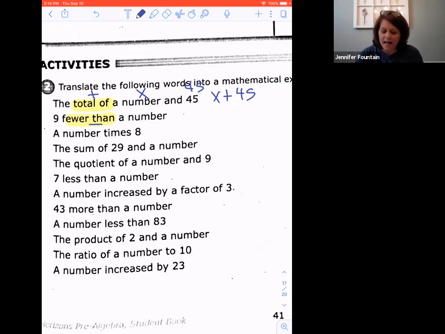Okay, so my key there is the word than. So that means my number is going to come first, then I'm going to have my sign, and then my 9. Okay, so if it's fewer than, less than, more than, whatever, I know that whatever comes after than is going to be first.